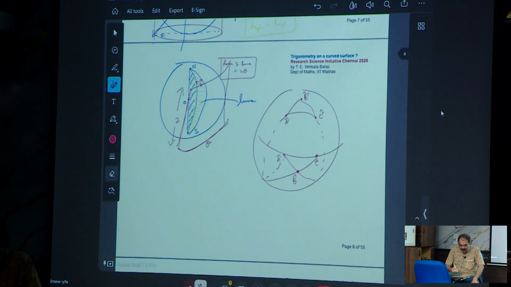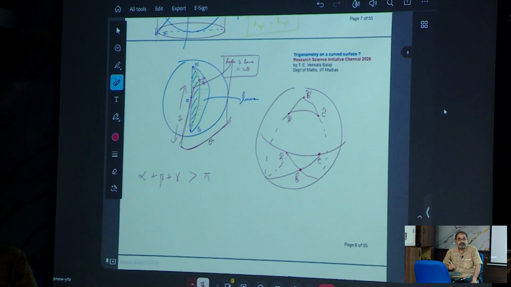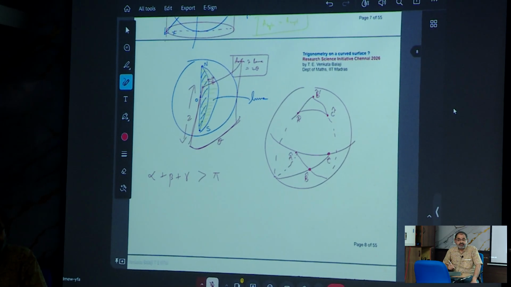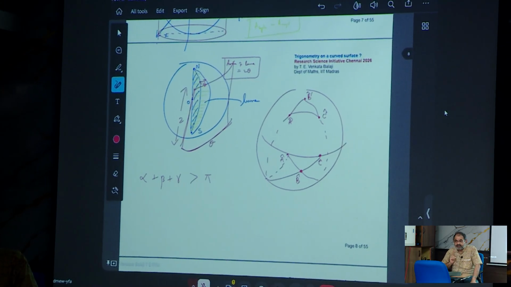You'll get two things. The sum of the three angles of a spherical triangle will always be greater than 180. What is the difference? That is a magical answer.